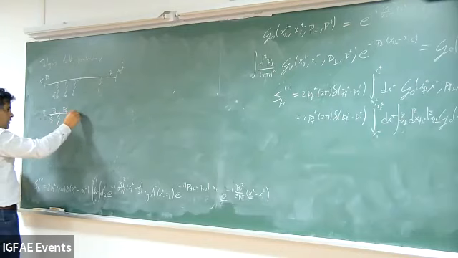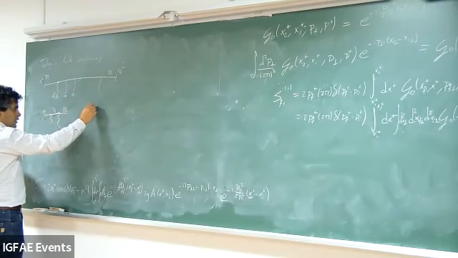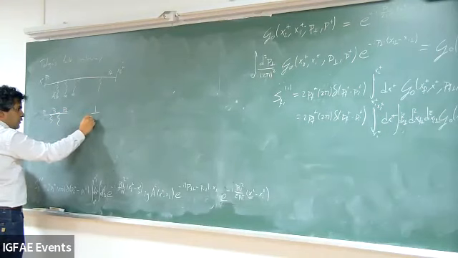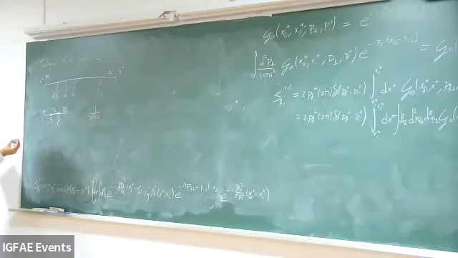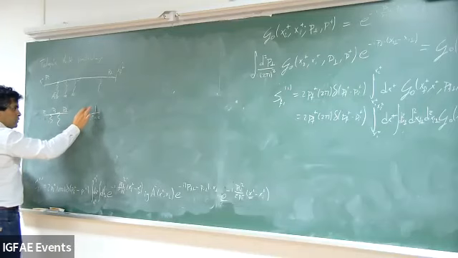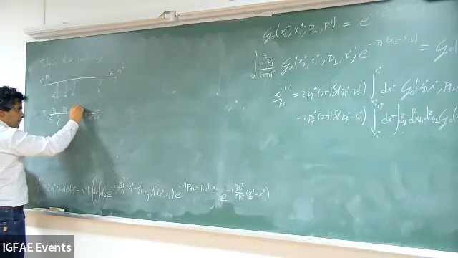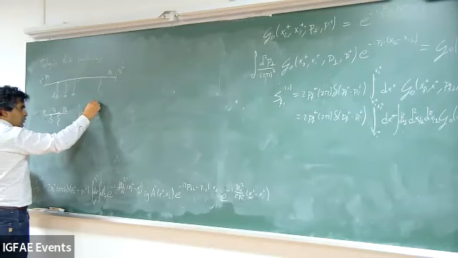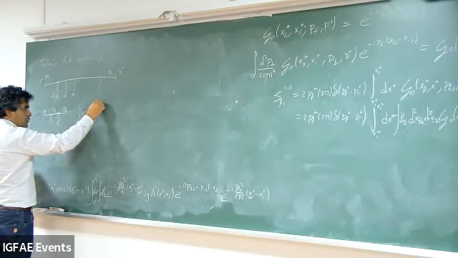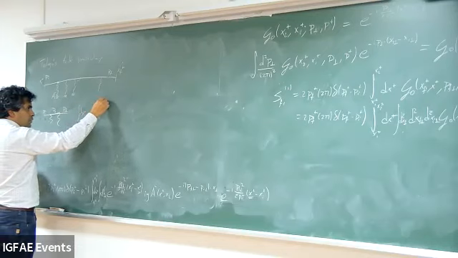So for example, in that case, I will have a propagator that goes like 1 over P1 squared plus i epsilon, right? But what we do in these cases is that we always perform the minus integration, right?